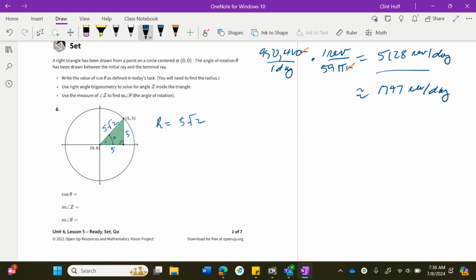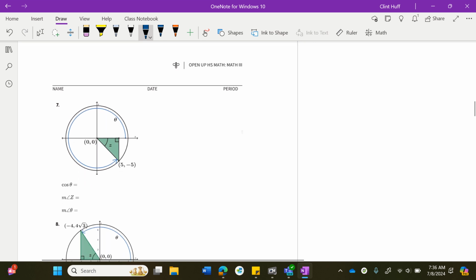Cosine is the adjacent 5 over 5 root 2, which is 1 over root 2, which is root 2 over 2. And measure of angle Z, measure of theta, these are both 45 degrees.